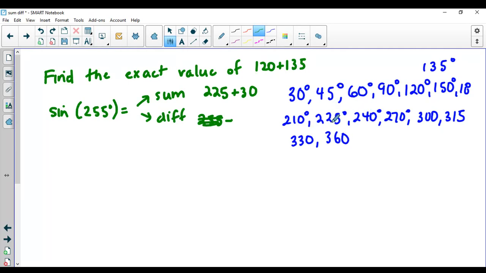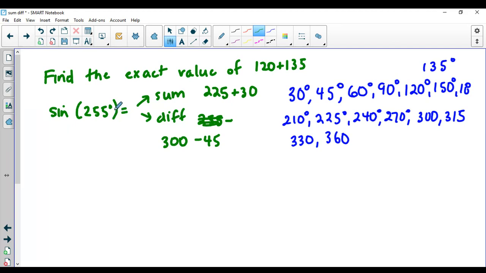So it's a little bit of trial and error. 300, okay, and then you would eventually get to 300 minus 45. So I just want to show you maybe whichever one comes first to you. If you're being asked to use a certain identity, then you would use that one. But if I'm just asking you for the exact value, you can decide.